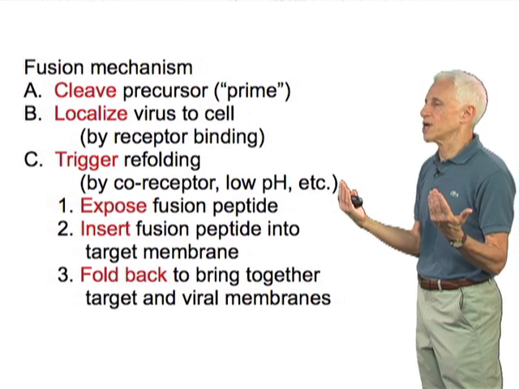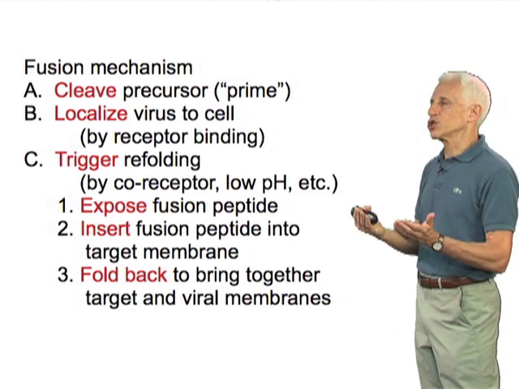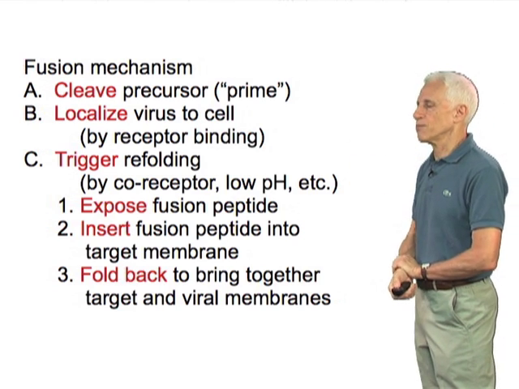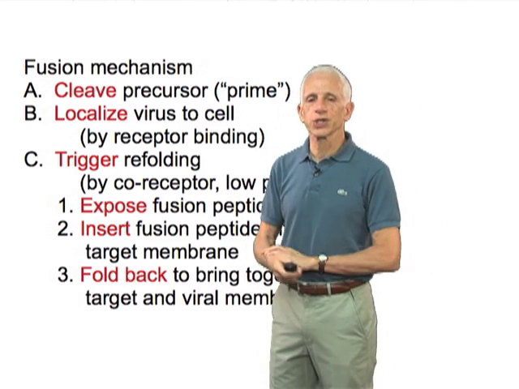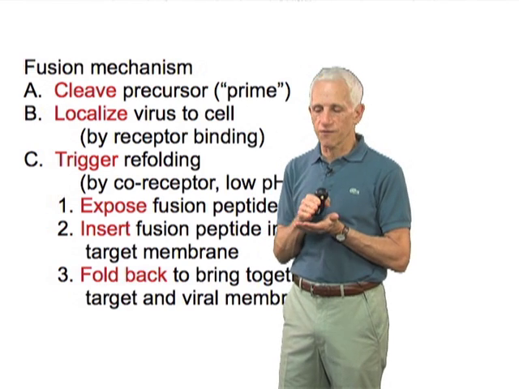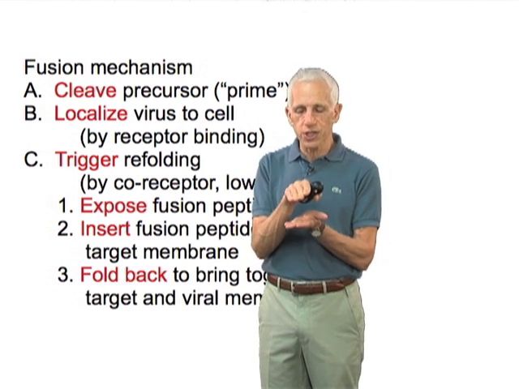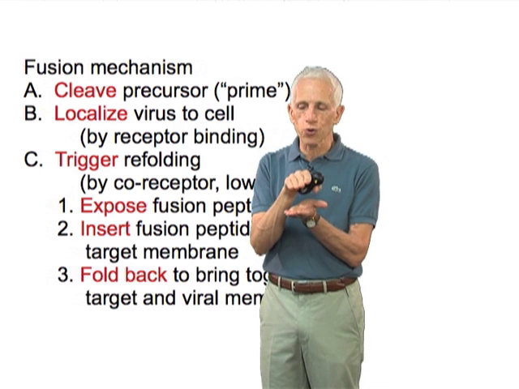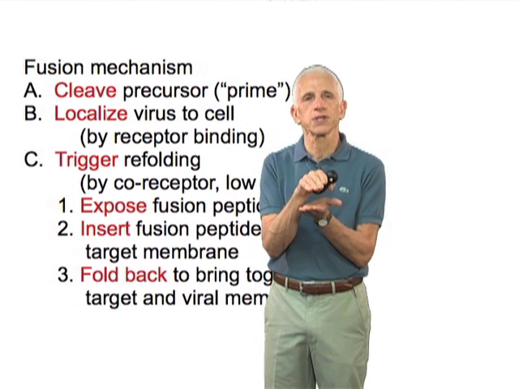Exposure of the fusion peptide, that's that extended intermediate, insertion of the fusion peptide into the target membrane, and a folding back of the protein that brings together the target and viral membranes. And it is that folding back that overcomes the first of the kinetic barriers. There is a substantial kinetic barrier to squeezing two membranes any closer together than about 10 or 15 angstroms.